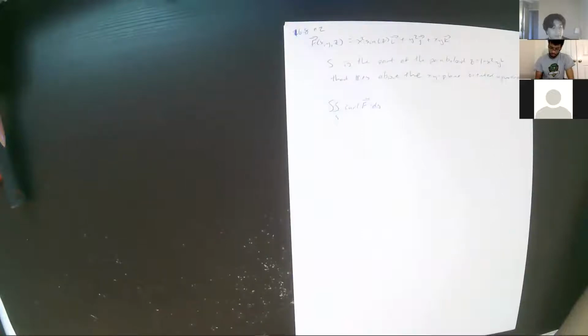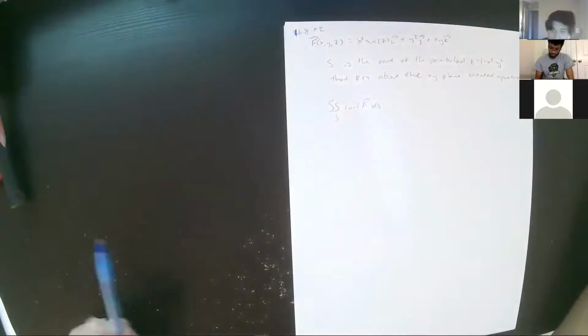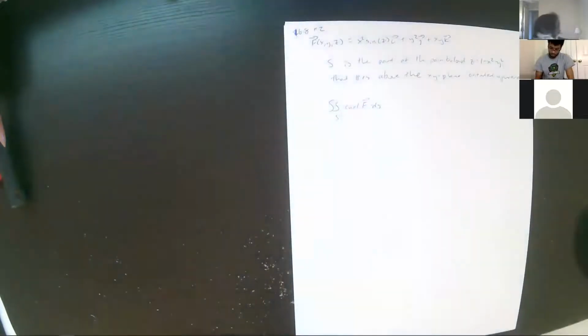Well, it's going to be the curve that's cut by the plane into the paraboloid. Yep. What does it look like? Like some kind of circle. It's a circle. Yeah.